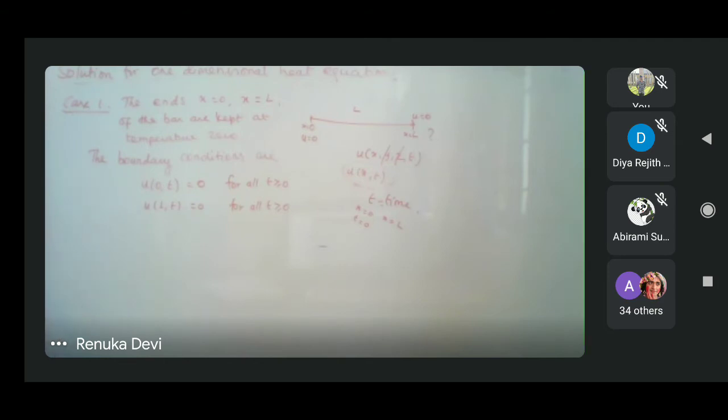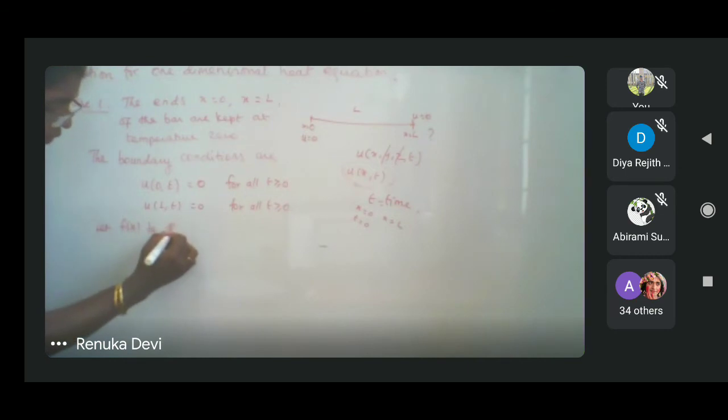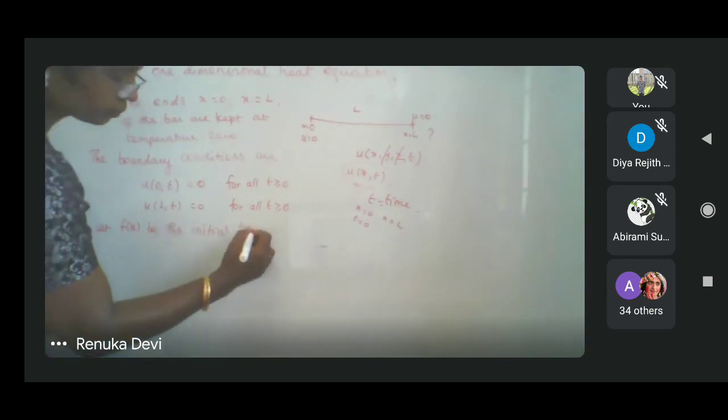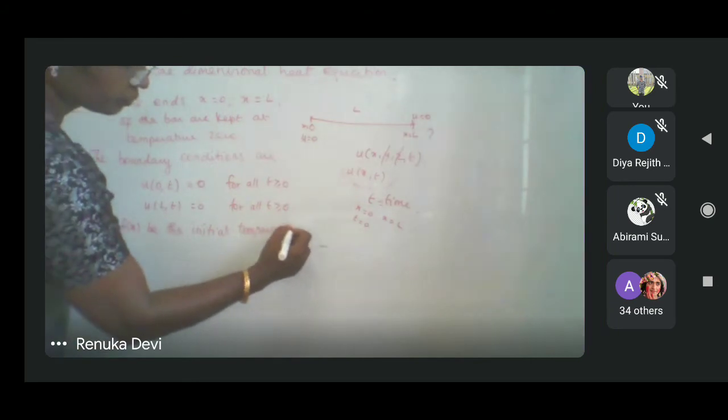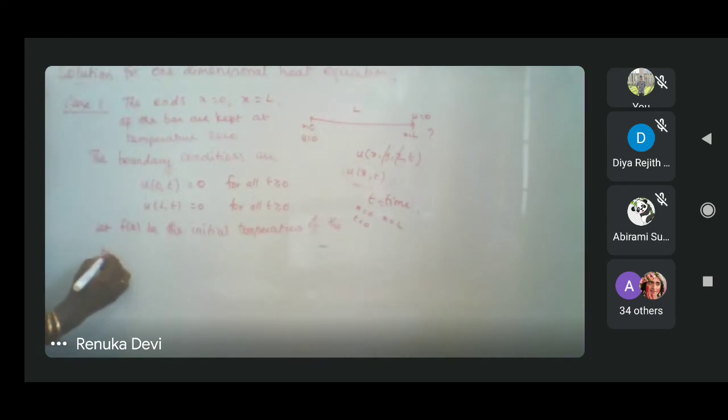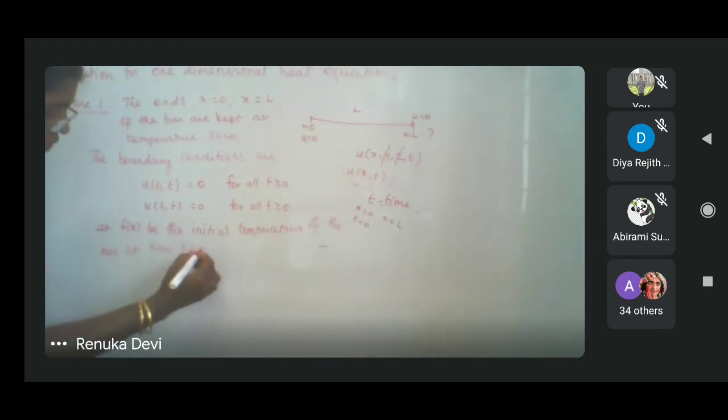These two are the boundary conditions. And one more thing: let f of x be the initial temperature of the bar at time t equal to 0.